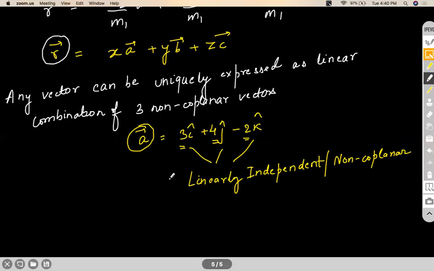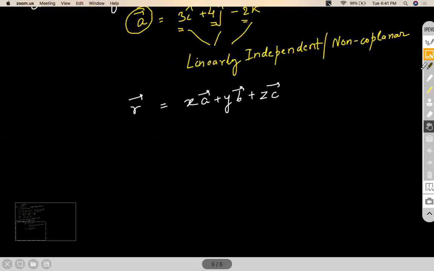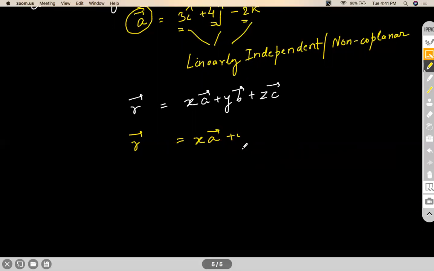Are you getting my point? So do not consider that IJK is the only means in which you can express a vector in 3D. You can express a vector R in 3D in terms of any linear combination of three such vectors which themselves are non-coplanar. Later on, when we do vector equations, you would realize that I can write any vector like this. This is a very useful methodology to assume an unknown vector.